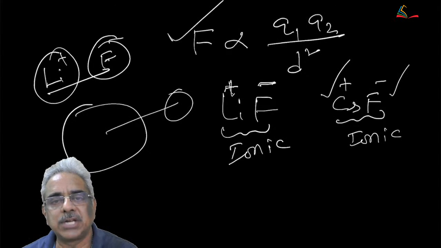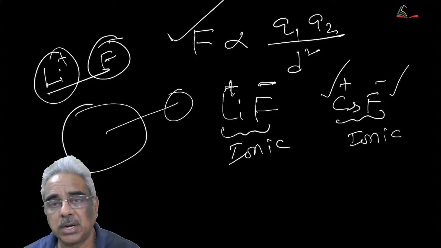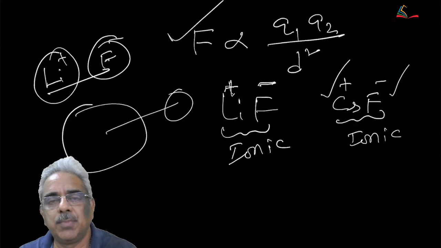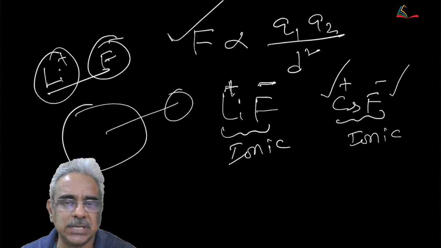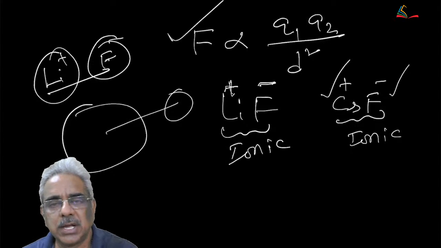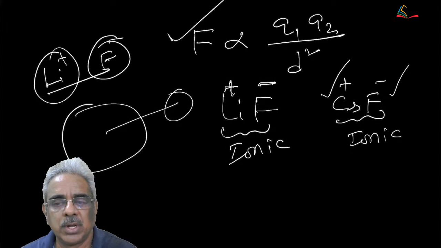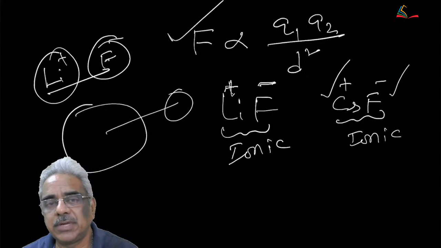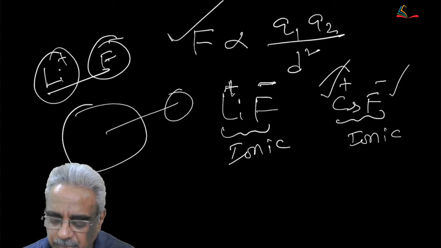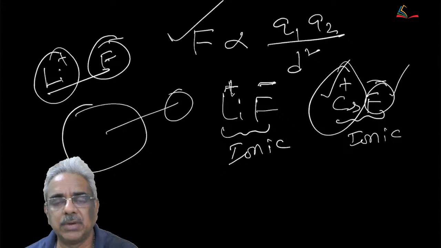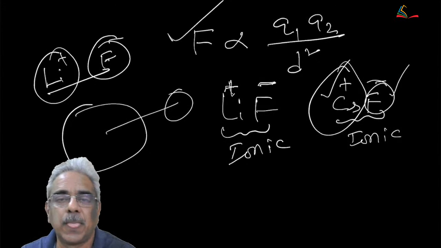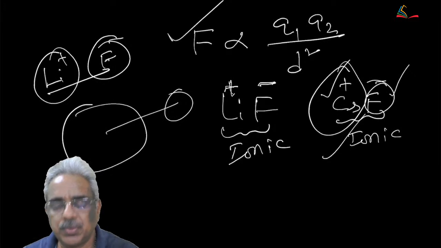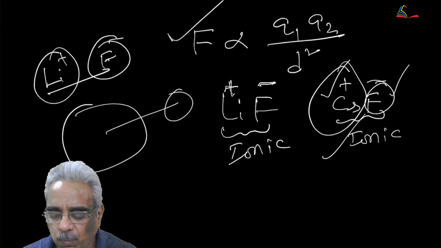Ionic bond strength depends on the size: the smaller the size of ions, the greater the bond strength. Whereas nature-wise, a big cation and small anion will give more ionic nature because polarization is minimized. So be careful in the questions.